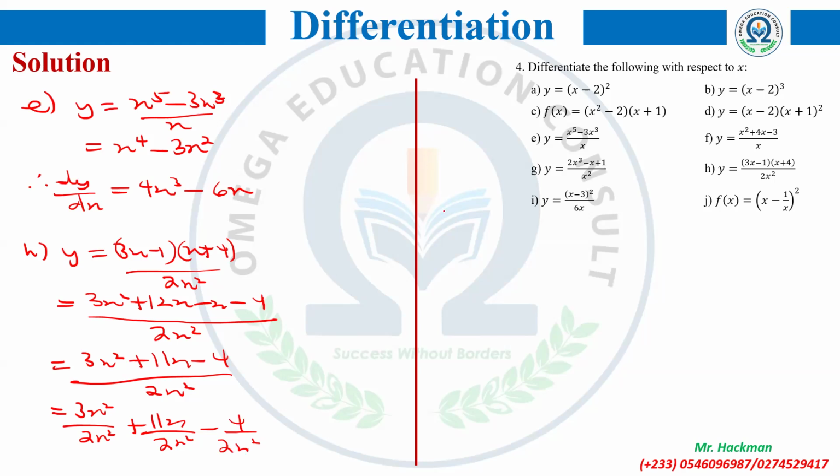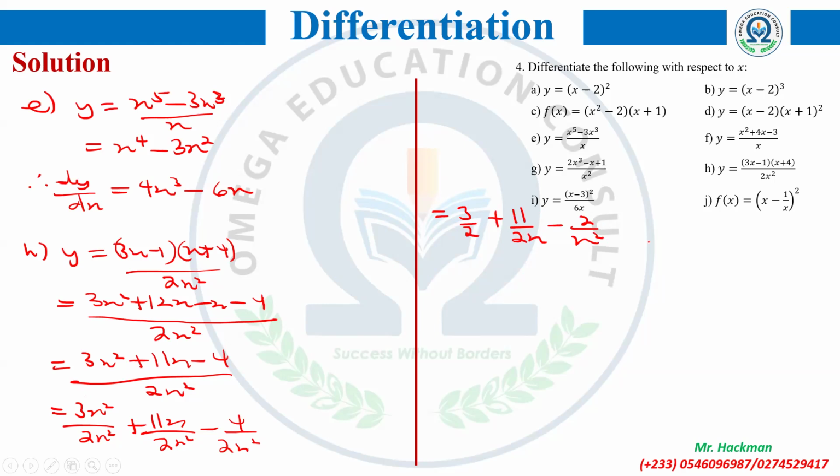In effect, the x squared will cancel, so we get 3 on 2 here. Then plus, this will give you 11 on 2x. And the other one will give us 2 over x squared. Do you agree?